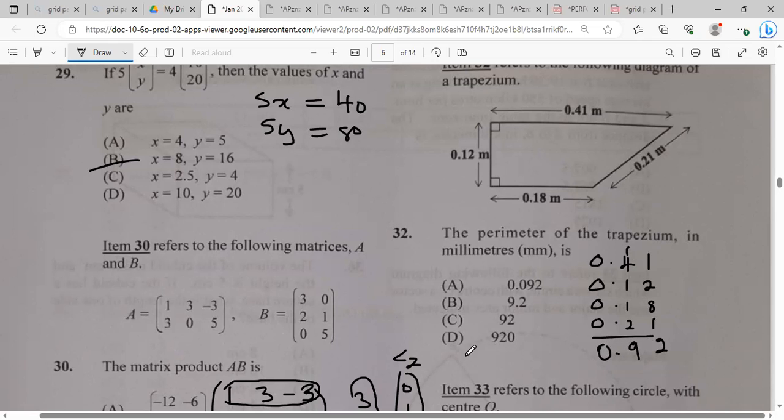So we have to multiply this now by 1,000. If we move 3 decimal places to the right, we put in zeros where needed. So 920. So that's D.